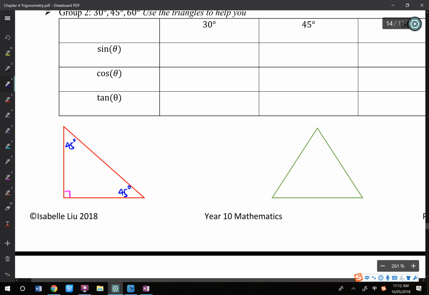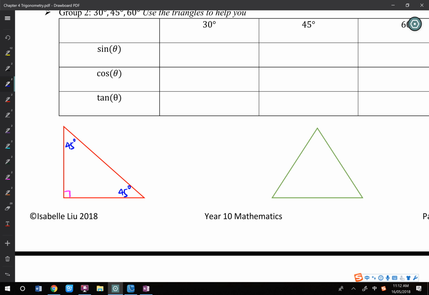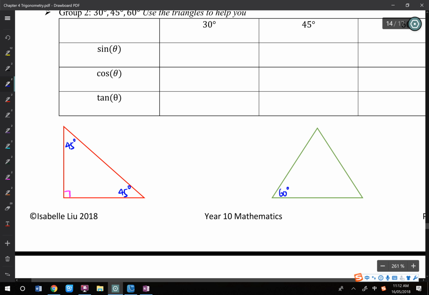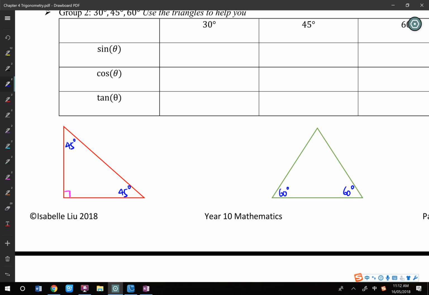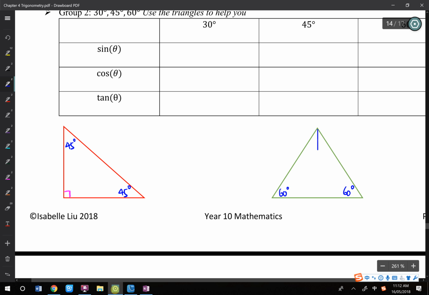And this one is an equilateral triangle with all angles 60 degrees. For the 60-degree angle, I want to draw the height.